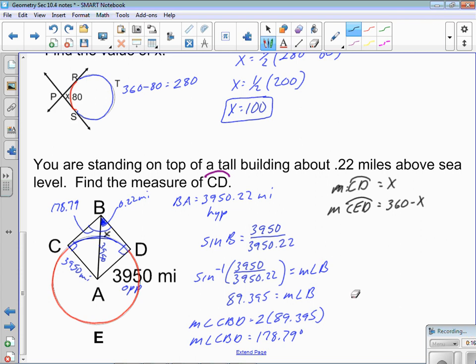And so we're going to take the measure of the angle CBD. It should be half of the difference of those two arcs.